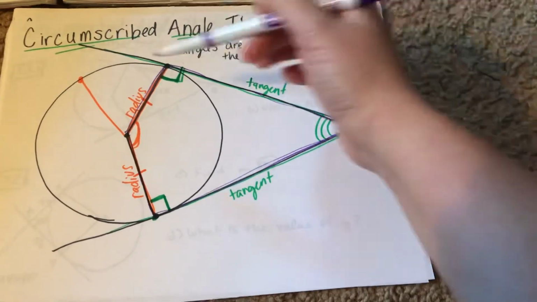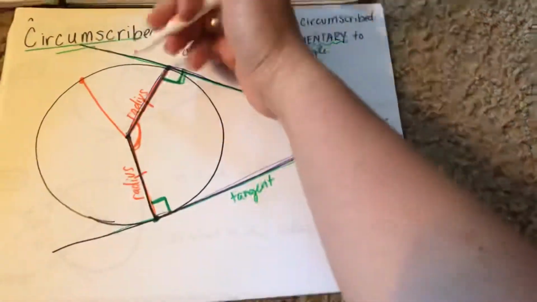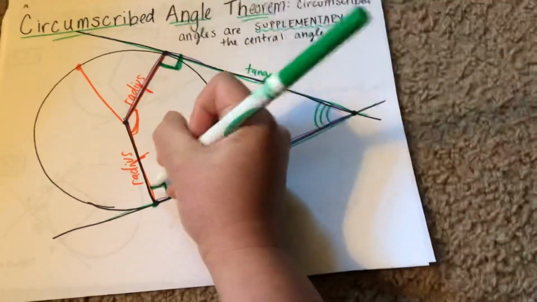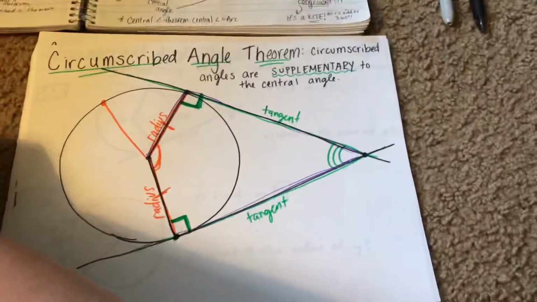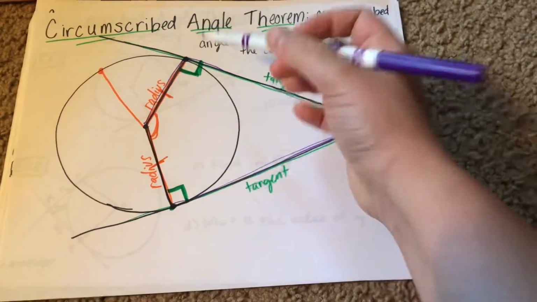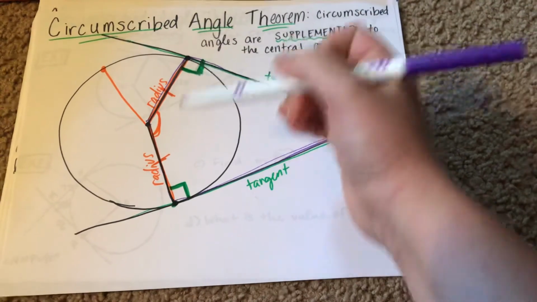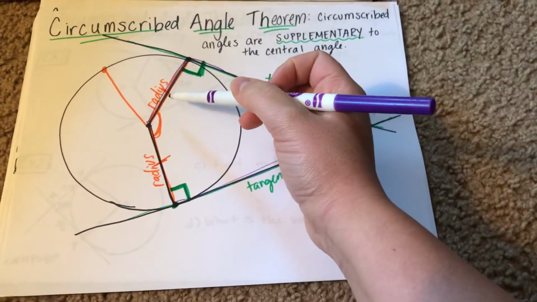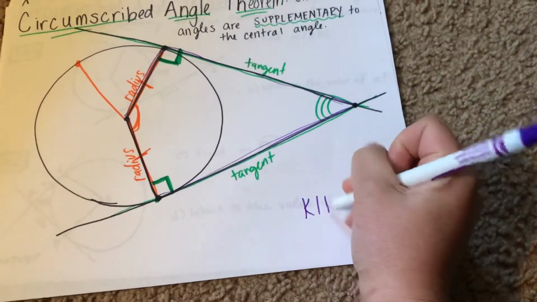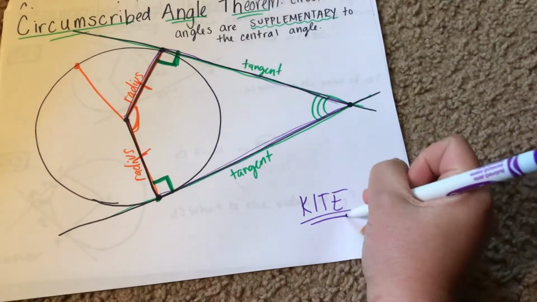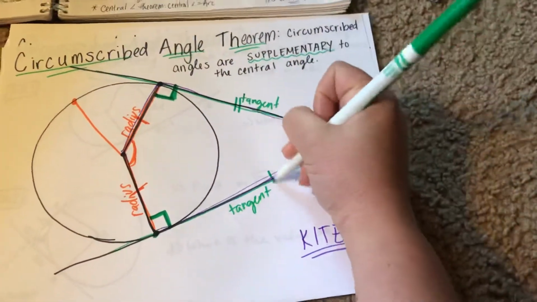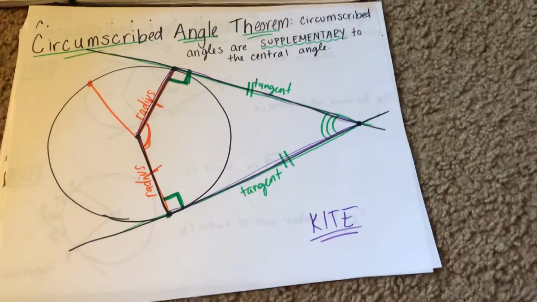And we know that two of these sides are congruent, and we know we have one set of opposite angles that are congruent. So if you remember back, whenever you have a four-sided figure with one set of opposite congruent angles and a set of adjacent congruent sides, that means this is a kite. And if this is a kite, that means these two tangent lines also have to be congruent.